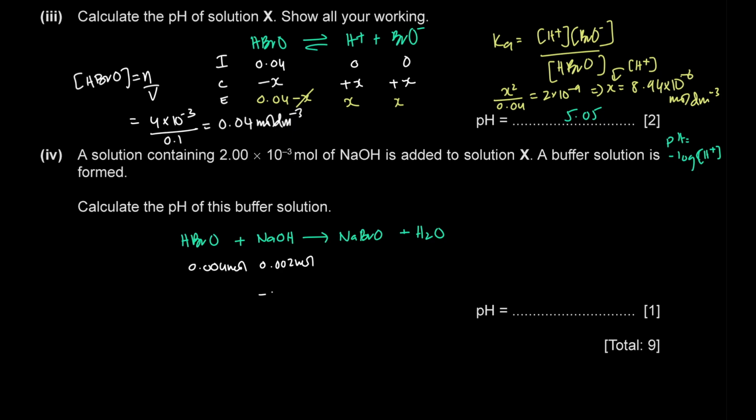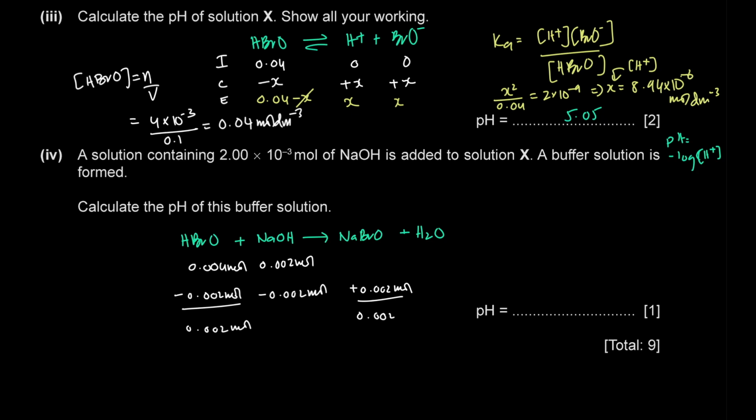All the NaOH reacts, and 0.002 moles of the HBrO react. So we're left with 0.002 moles of HBrO, and we also end up making 0.002 moles of NaBrO.